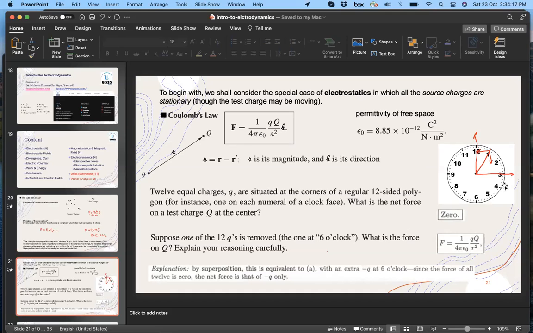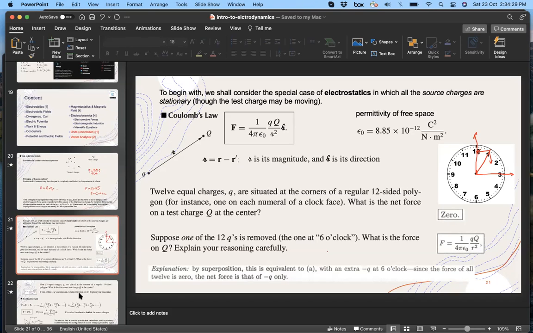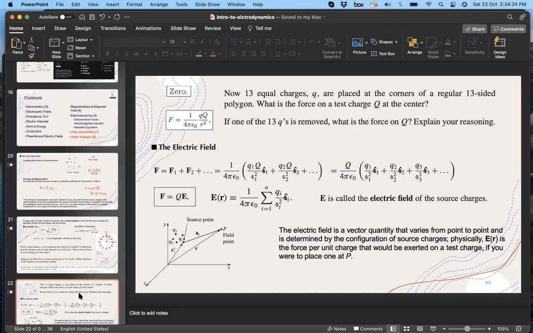For example, if you have 12 charges, what could be the field at the center, etc. We see that this is very beautifully explained. If instead of 12 charges you use 13 charges, then the superposition principle is going to help us very nicely.